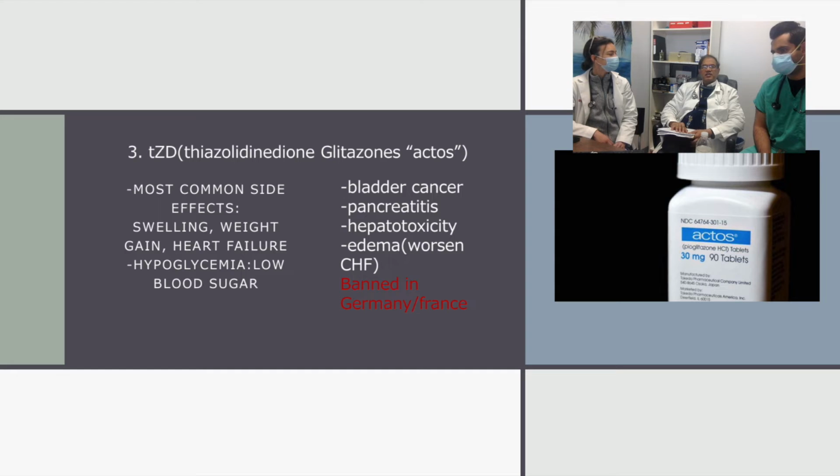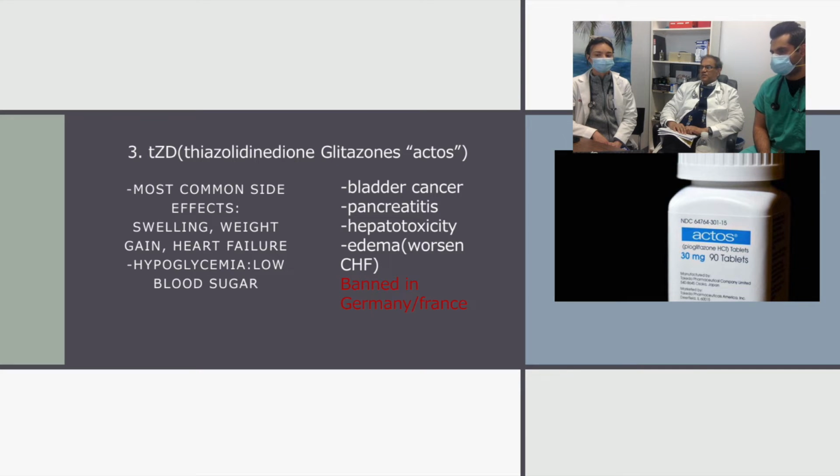This third category of medications called TZDs are glitazones. The pharmaceutical name is Actos. This medication is considered to be like a second, third line, but the complications are many, and the patient should be aware of, and the physician should be aware of the complications and the side effects.